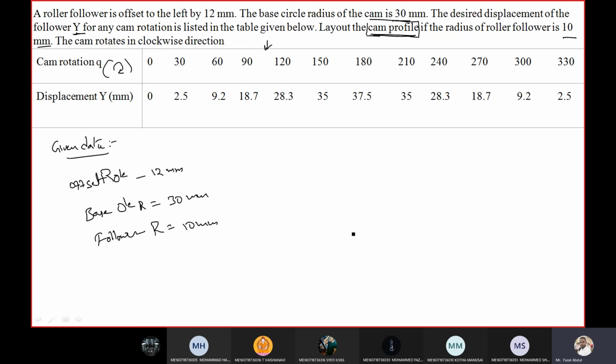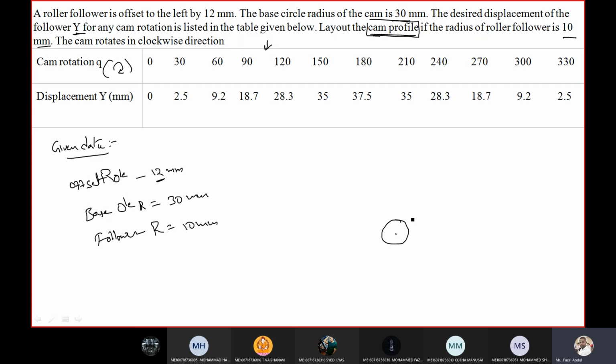First measure the offset circle radius and draw the offset circle. What is the diameter of the offset circle? 24 mm.